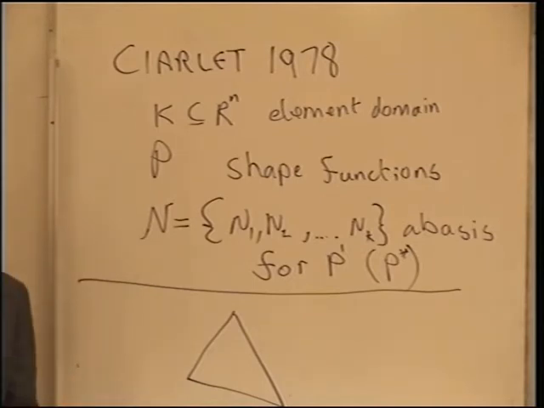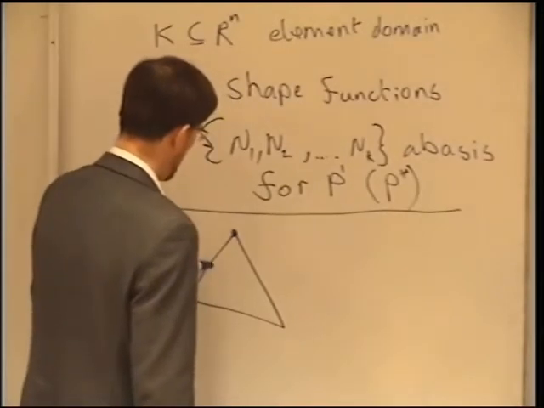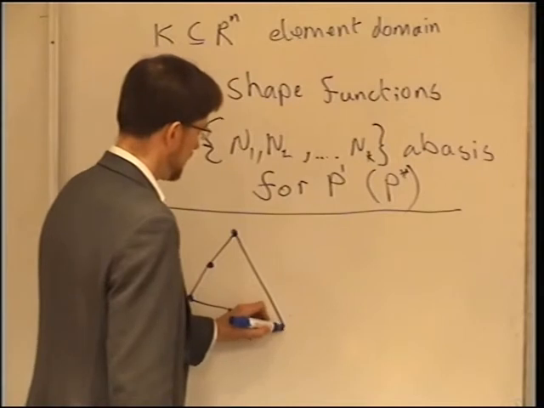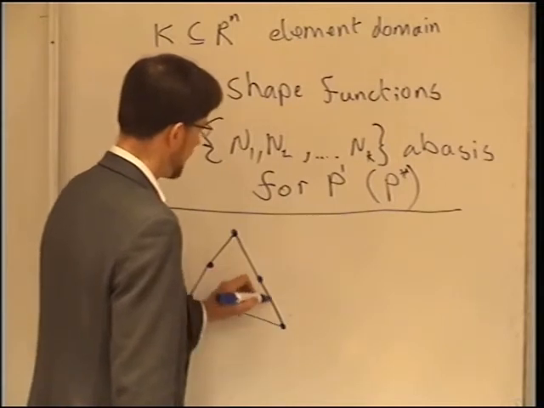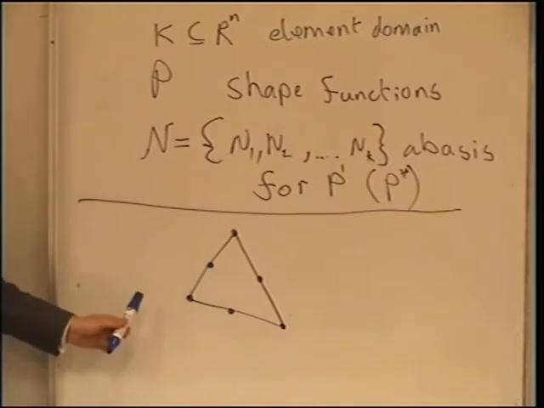And so leaping ahead of myself slightly, I happen to know that I need to have 6 basis functions. And what I want to be able to say is that this element has basis functions which are given by that diagram.